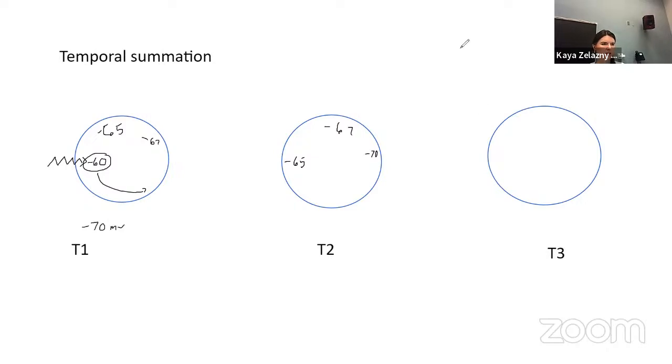So in temporal summation, we're then going to have that same signal come in right at the same place. So we're going to zap it again. So now, when we have that change of 10 millivolts, we are now at -55, because we already had a slight membrane change from that first signal, and so on and so forth.